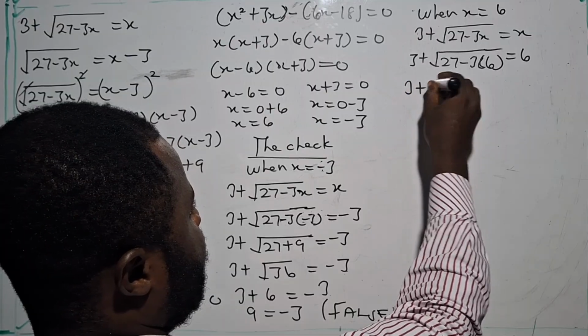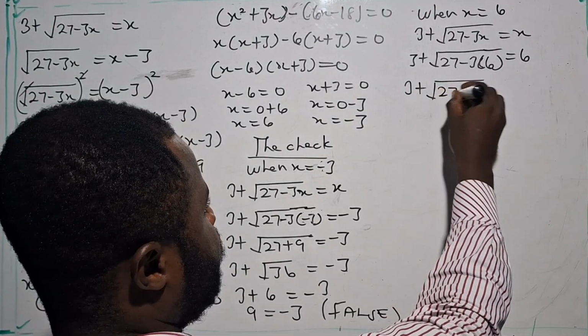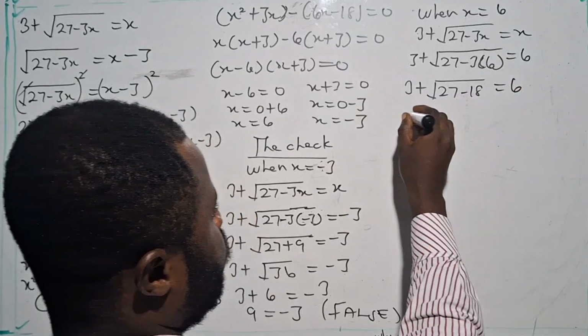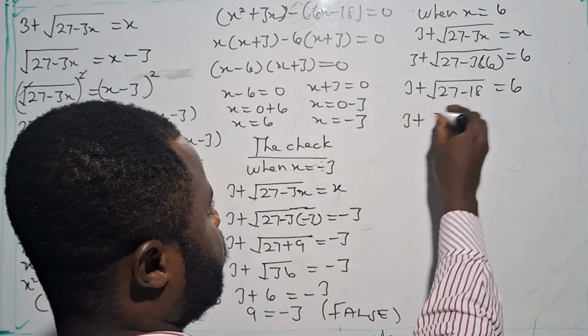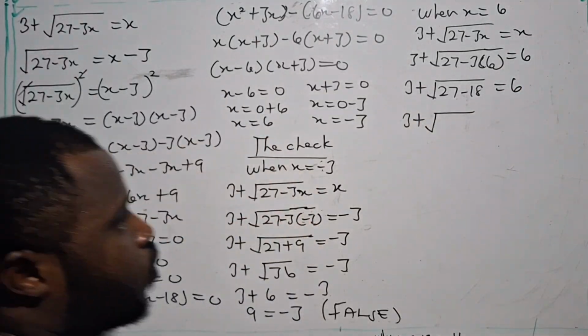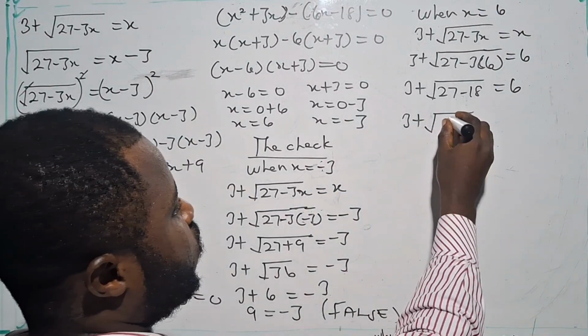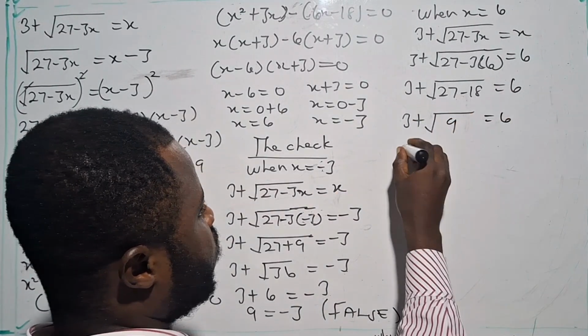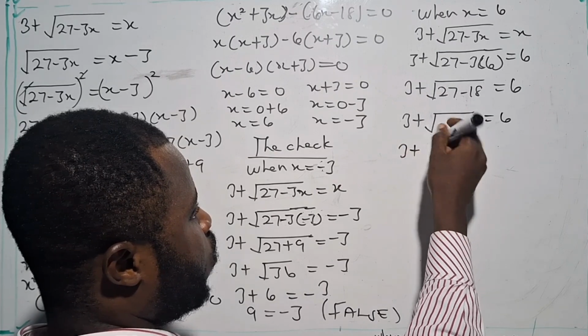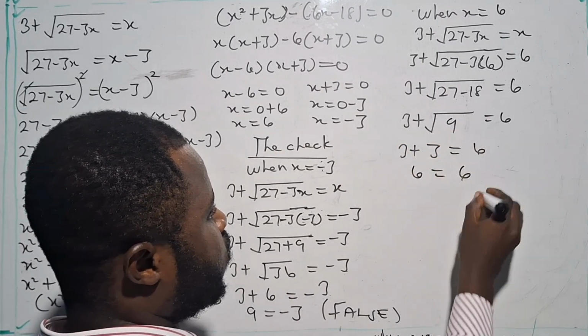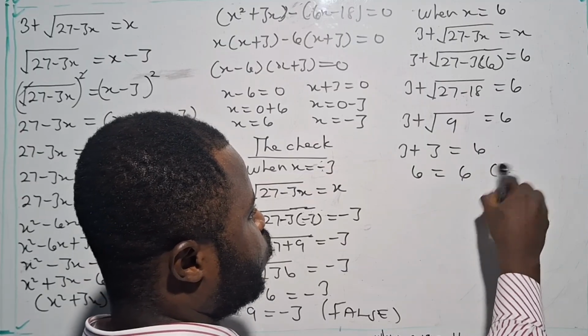So I have 3 plus the square root of 27 minus 18 equal to 6. So 3 plus, now I have 27 minus 18, which will give me 9 equal to 6. So I have 3 plus the square root of 9, which is 3, is equal to 6. So 6 is equal to 6, which is true.